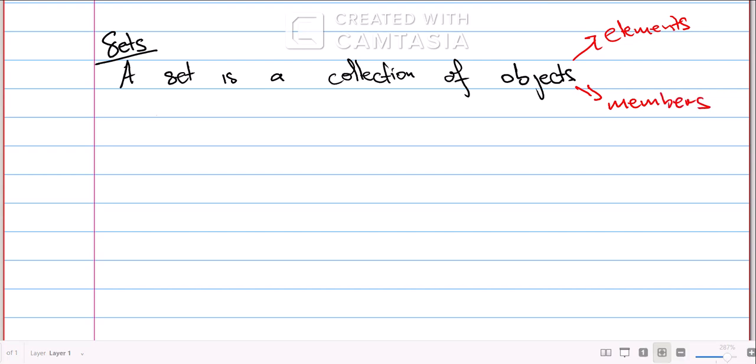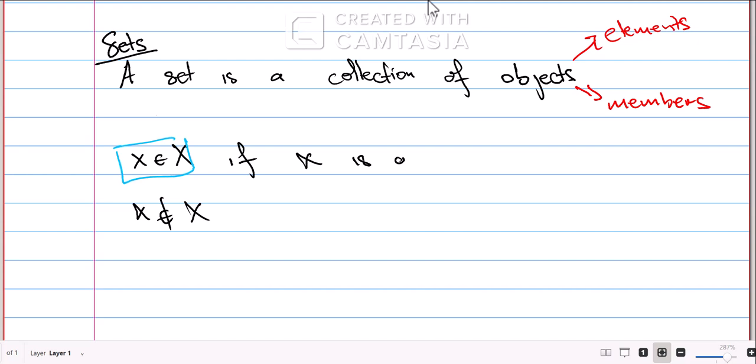There are two important concepts. The first one is applied when we say x is an element of X. This capital letter X is known as a set.